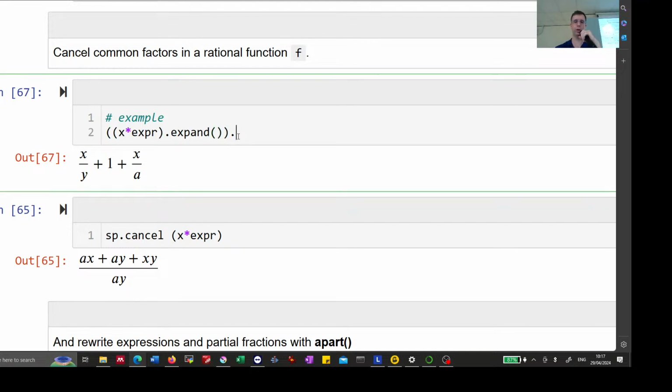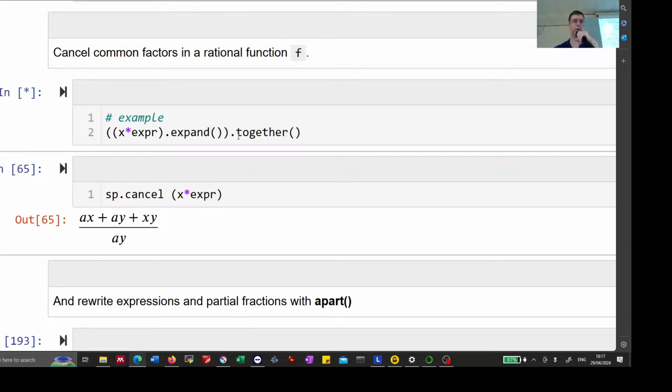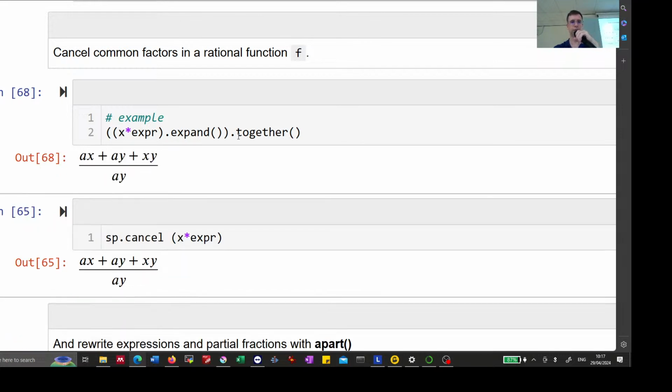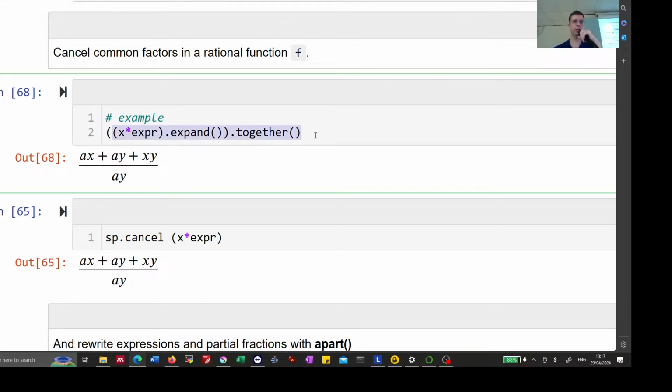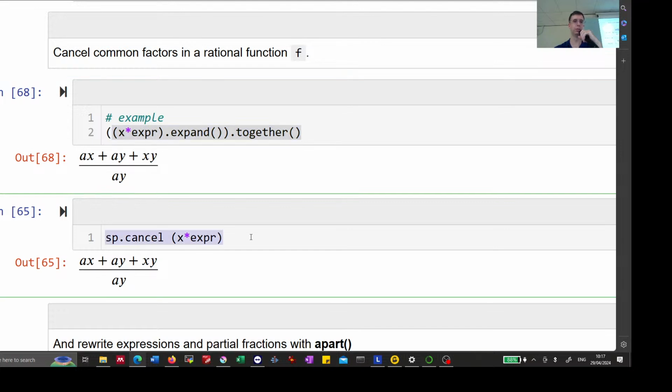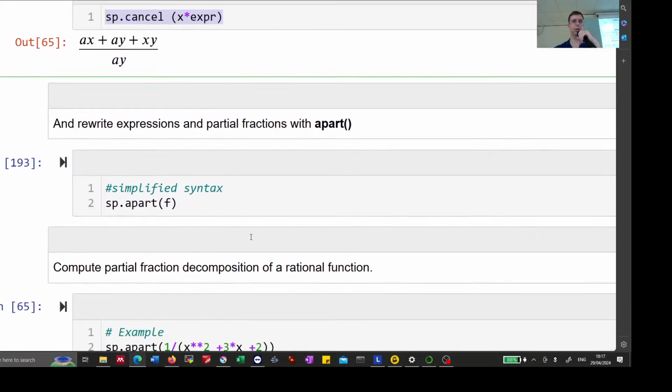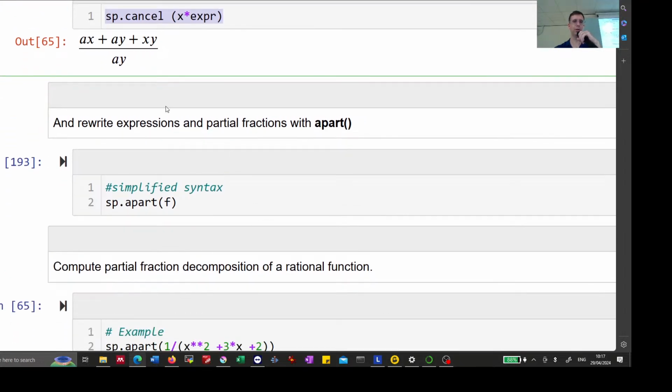I ask for together on the combined expression. And then hopefully everything will be the same. Looks identical, yes? What is easier to implement? The top or the bottom? The bottom, right? It's also easier to read. Okay, so you can work with cancel and has a benefit.